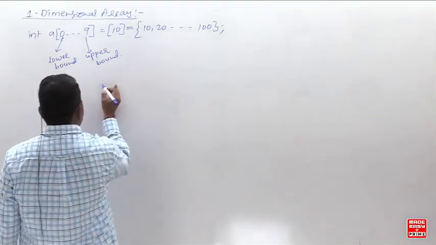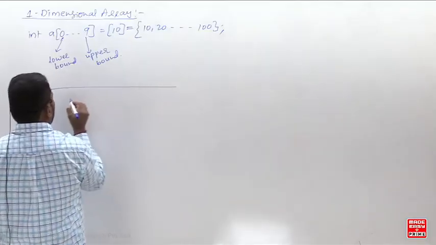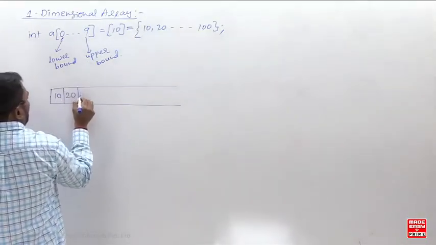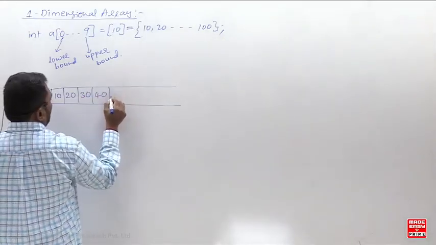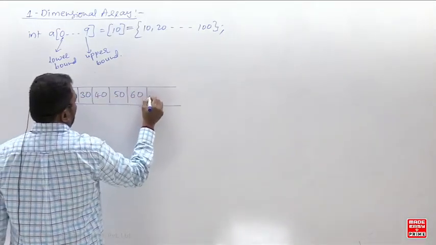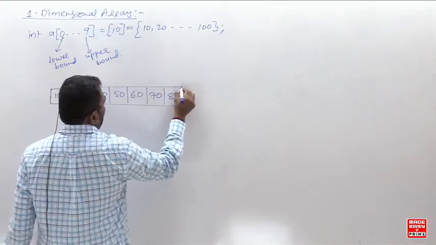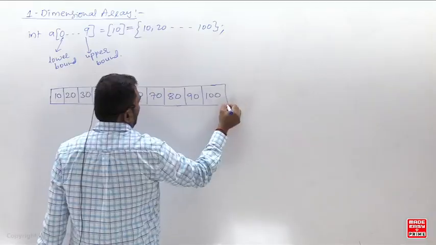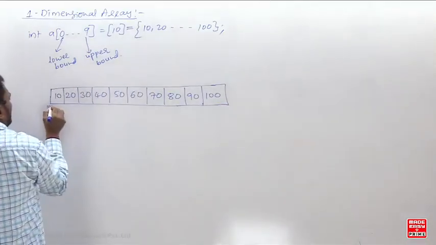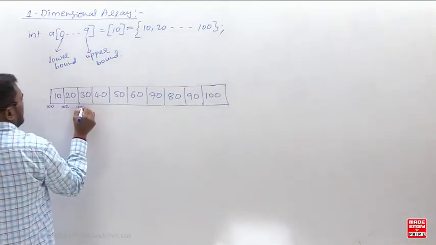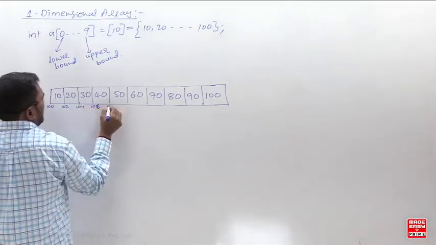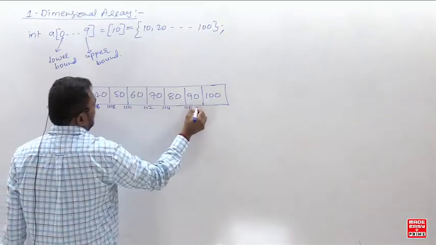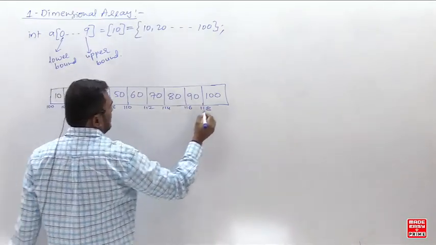So now let's say you have 10 elements like this, with addresses 100, 102, 104, 106, 108, 110, 112, 114, 116, 118.